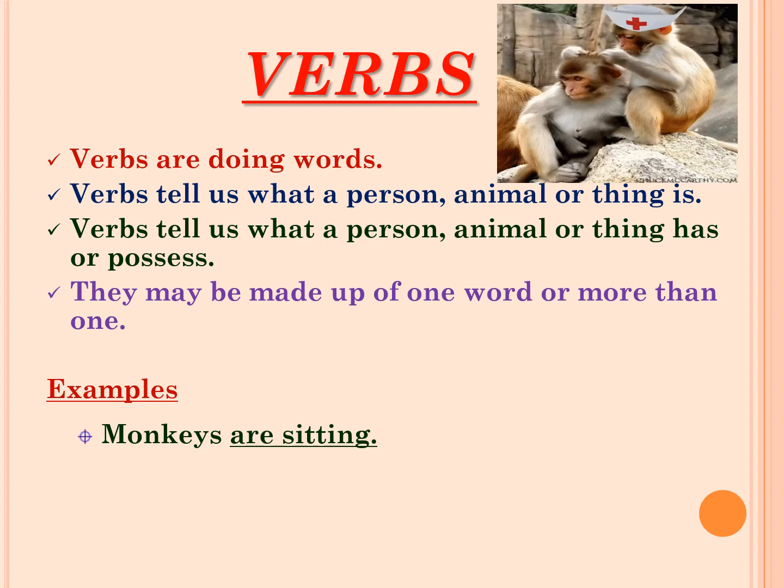So these words are used as verbs here and they are talking about the action being done in the sentence. And to look at it carefully, just see, these are not one word. These are two words used here. This shows verbs can be made up of one word or more than that.